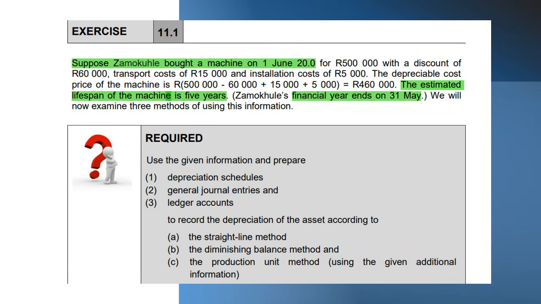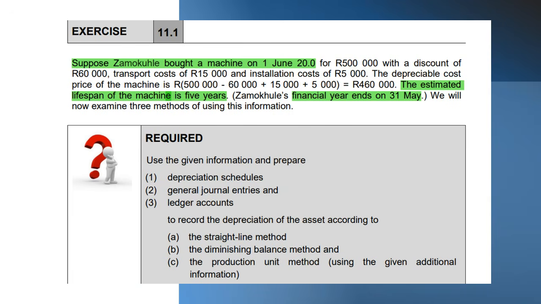The estimated lifespan of the machinery is 5 years. So they expect to use this machinery for the next 5 years. And they're also telling you that the financial year ends on 31st May. So which means it starts when? On the 1st of June the previous year. We will now examine 3 methods using this information.